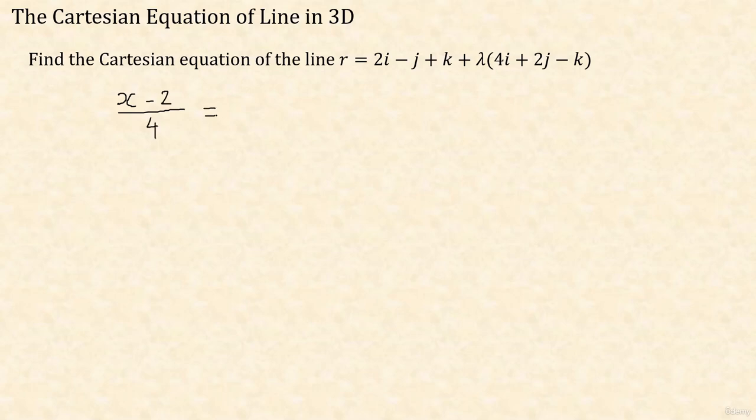And you set that equal to y minus the coefficient of j, which is plus 1, divided by the j value in the direction, which is 2. And then we set that equal to z minus the coefficient of k, which is just 1, divided by the coefficient of k in the direction, which was negative 1.